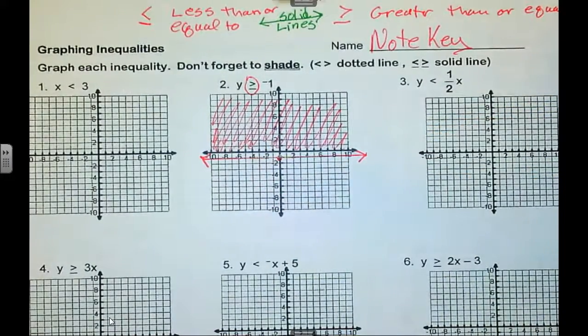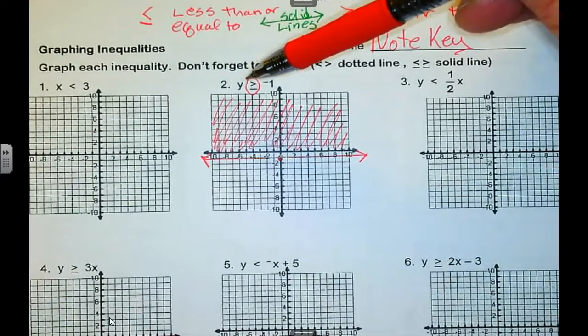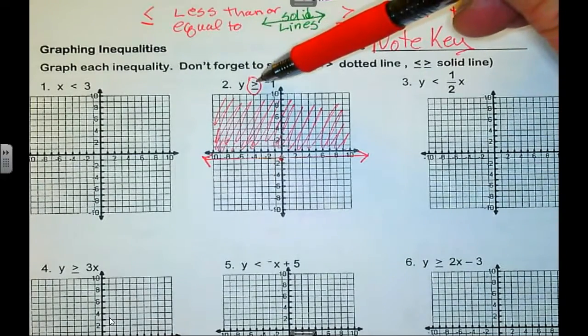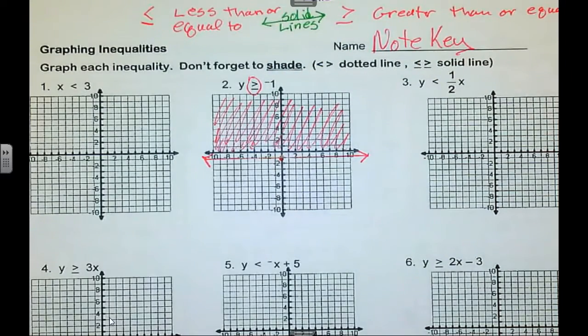Now, as long as my y is on the left-hand side, or in other words, it's in slope-intercept form, I can just follow the arrow to shade the side that I want. This says greater than, so I shade the upper side. Get it?